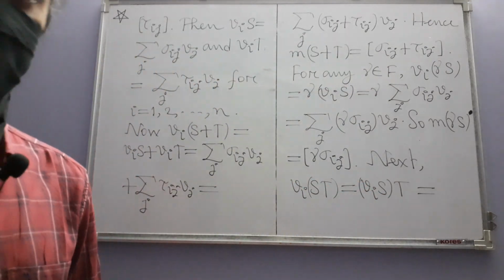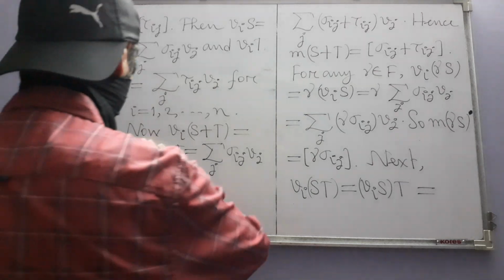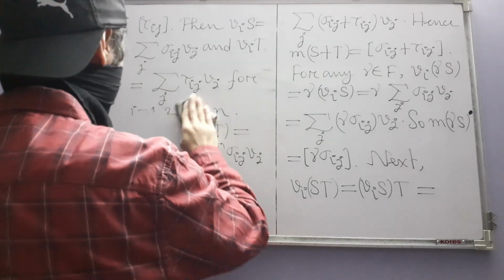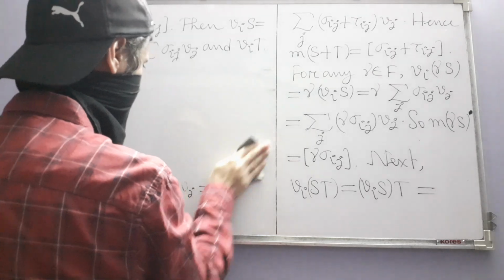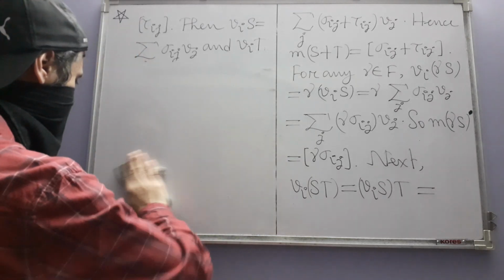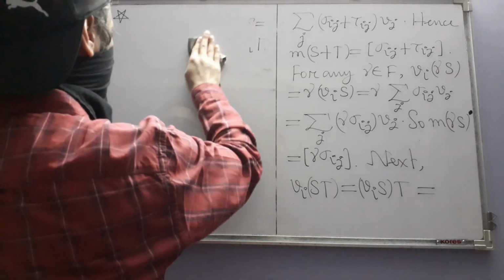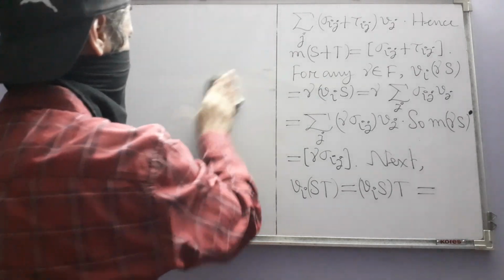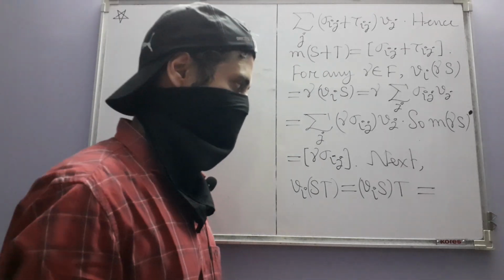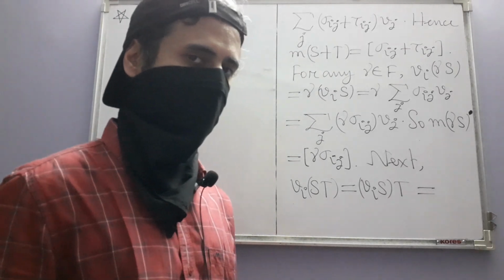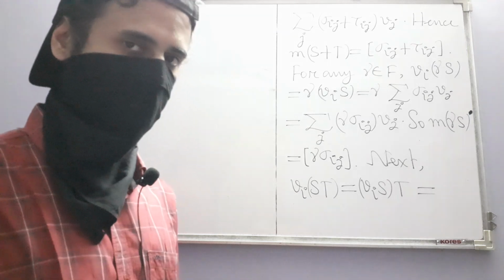Alright, now we know what ViS is. ViS is the summation of sigma ij Vj, and the sum varies over j.